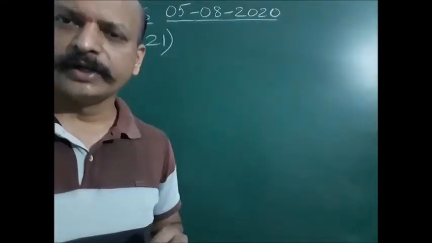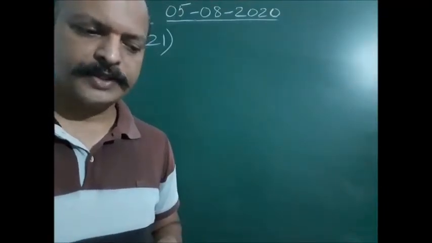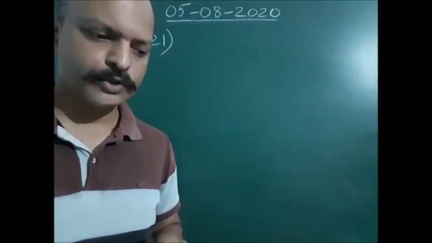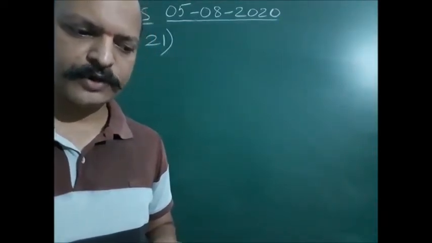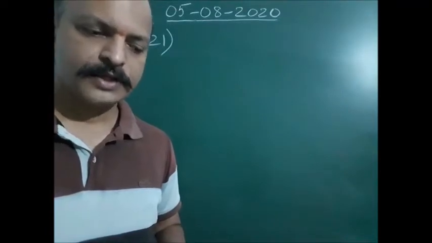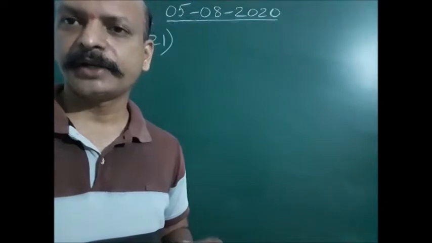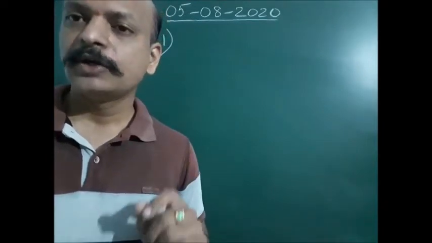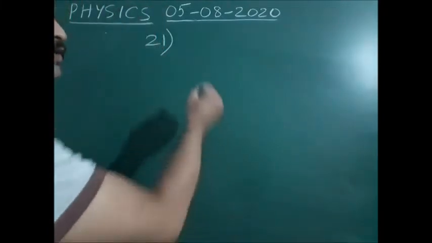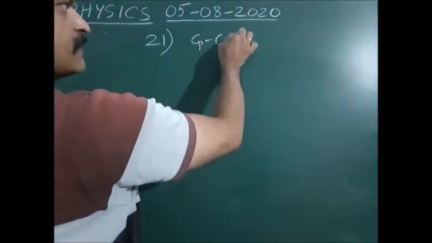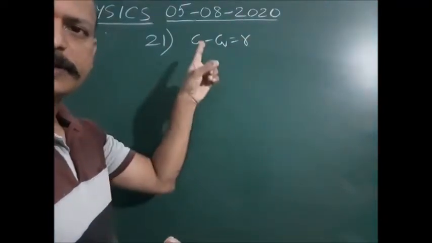Next question is 21. The volume of 1 kg of hydrogen at STP or NTP is 11.2 into 10 power minus 2 meter cube. The specific heat of hydrogen at constant volume is 100.46 joule per kg Kelvin. Then the specific heat at constant pressure in joule per kg Kelvin is, joule per kg Kelvin meaning specific heat per unit mass. We know that small cp minus small cv is equal to small r. Now we have to find the small cp value.